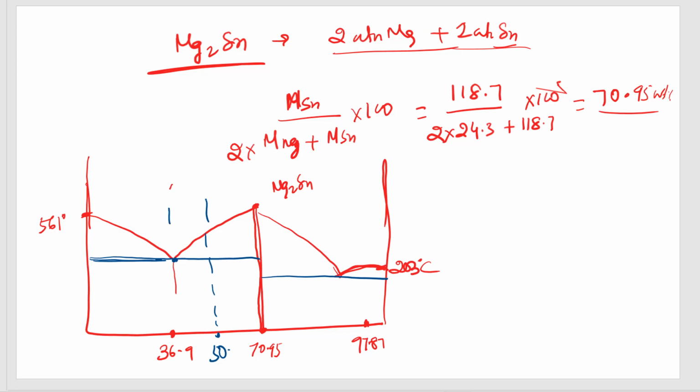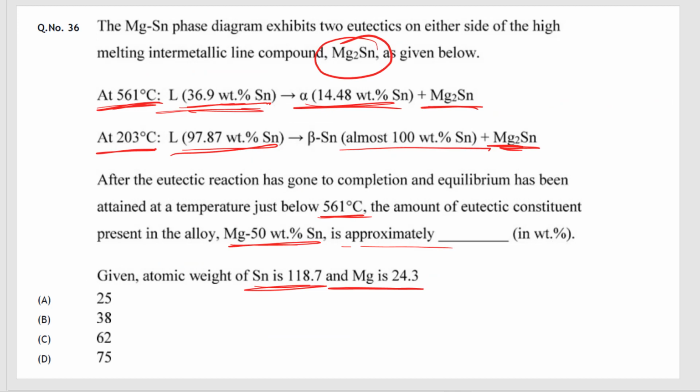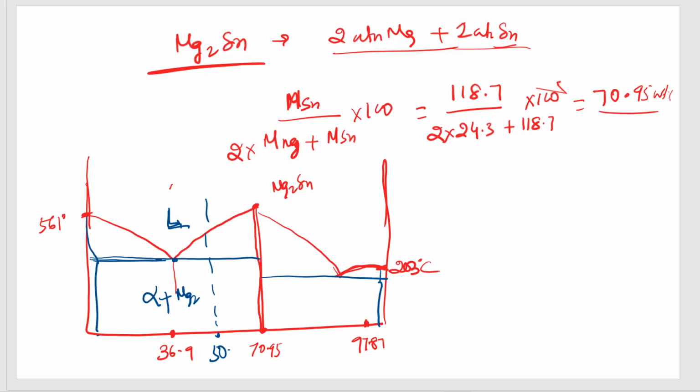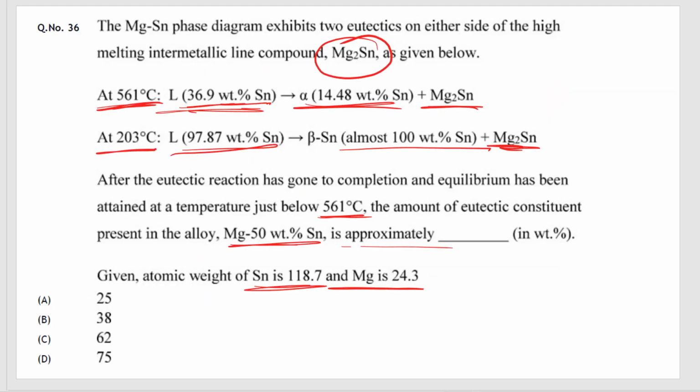Here is the liquid, and here we are getting alpha plus Mg2Sn, right? Mg2Sn is the eutectic product at 36.9, and here also we are getting the same thing, that is beta Sn and Mg2Sn.